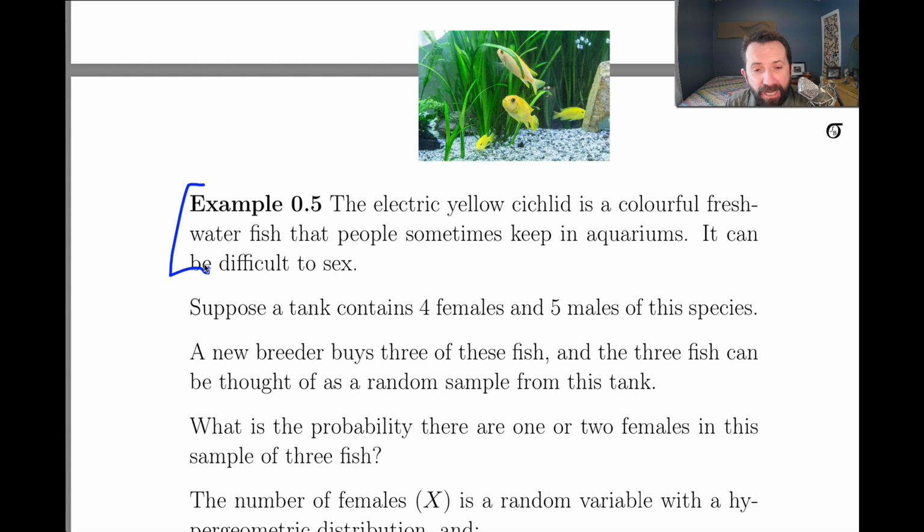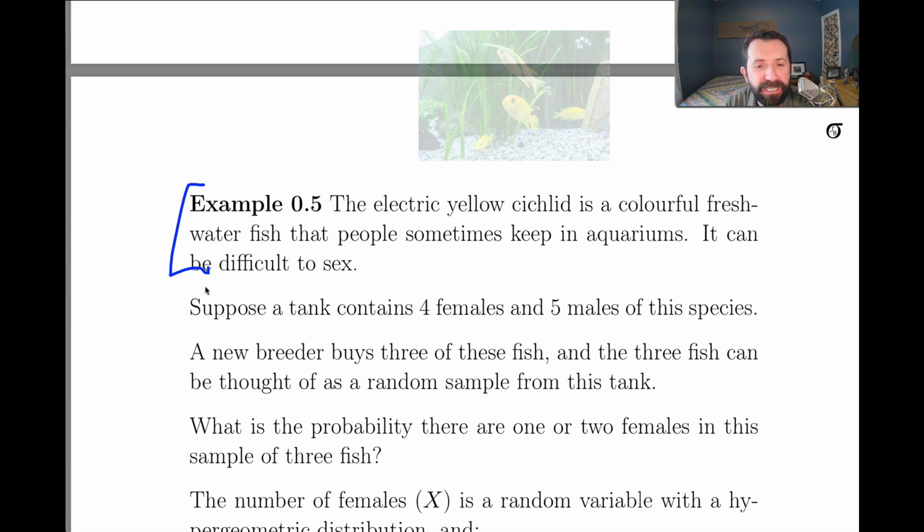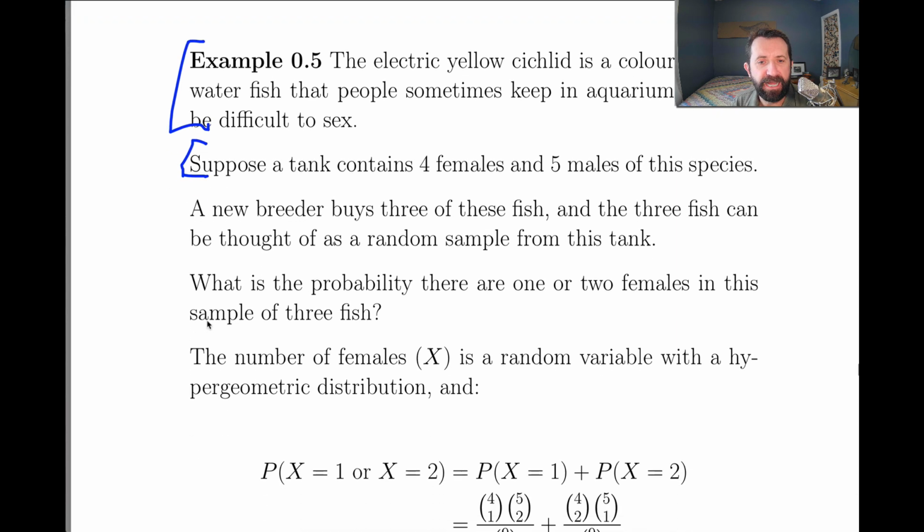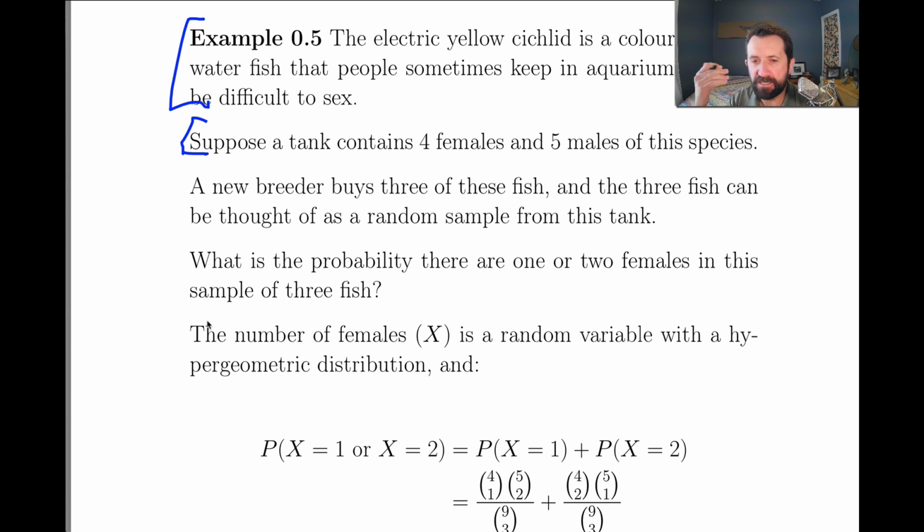They're nice. Okay, so we have a tank containing 4 females and 5 males of the species, and a new breeder buys 3 of these fish. Let's say it's difficult to sex to the point in this scenario that neither the buyer nor the seller knows.